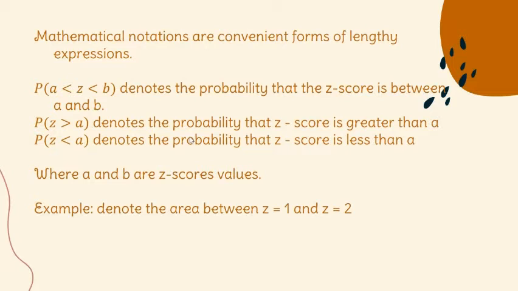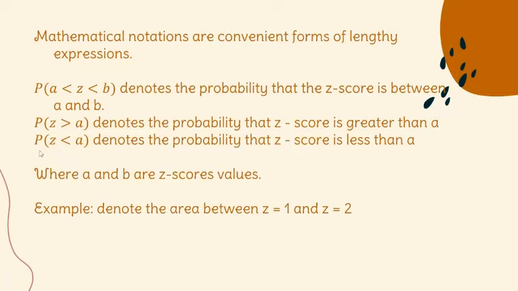Mathematical notations are convenient forms of lengthy expressions. In our daily lives, instead of texting too long, we do shortcut text like Jejemon text or abbreviated messages. So here, it denotes the probability that the z score is between a and b. Here denotes the probability that the z score is greater than a.